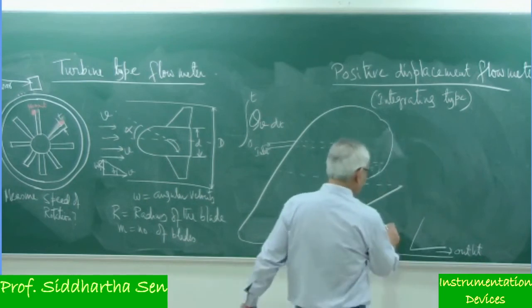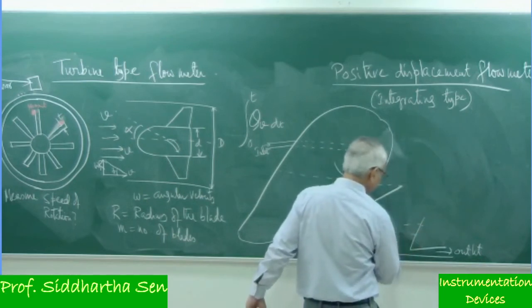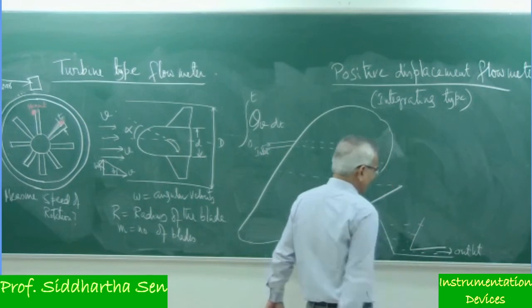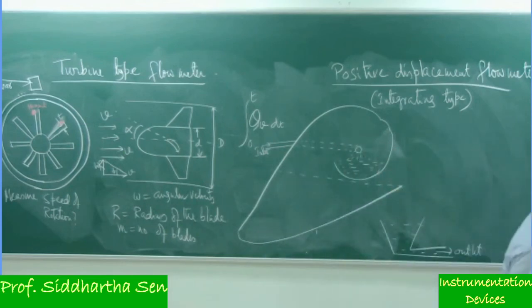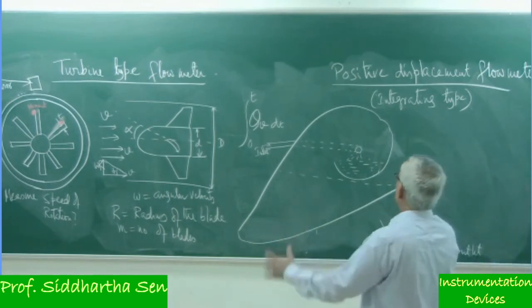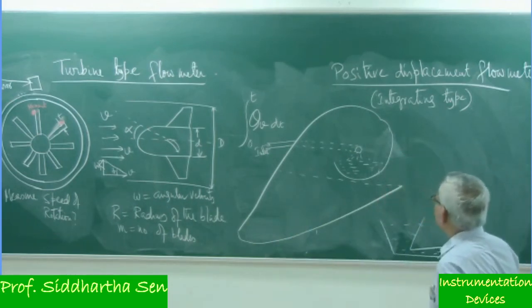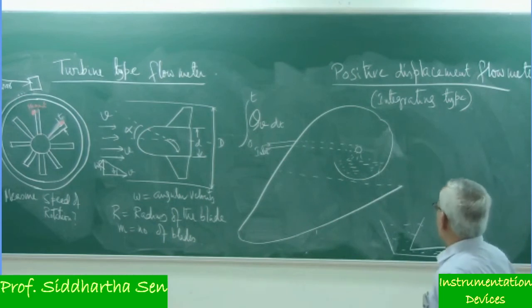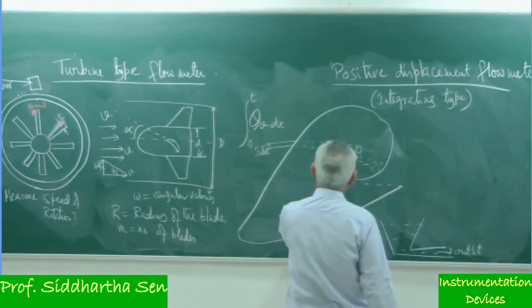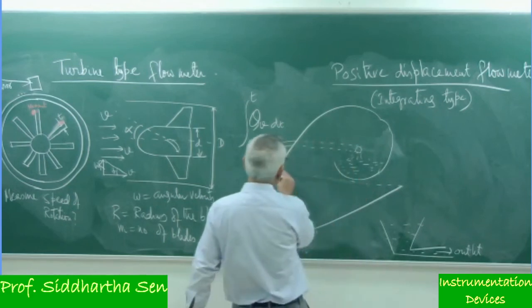I am telling you there are a number of designs, but basically they are of this type. What is it? There is a peculiar type of what I will call an unstable container.